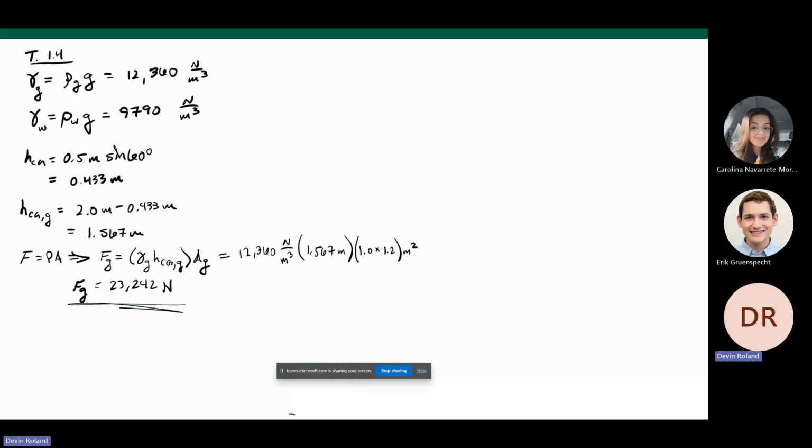Now we want to know the line of action as well. For the line of action, we are going to calculate the YCP value.